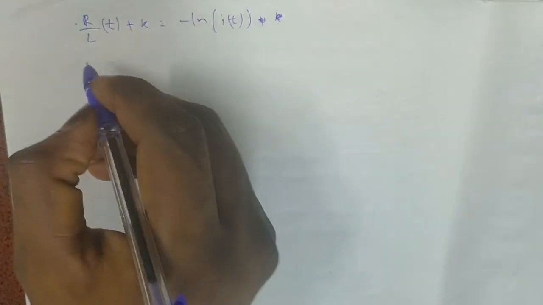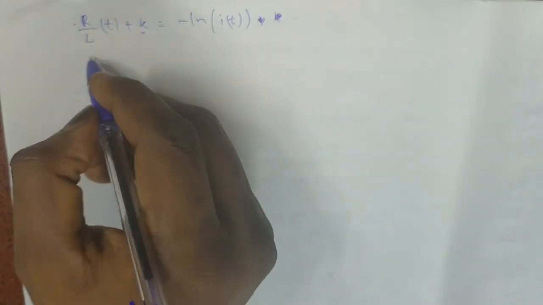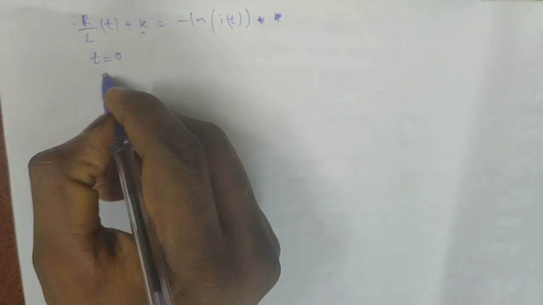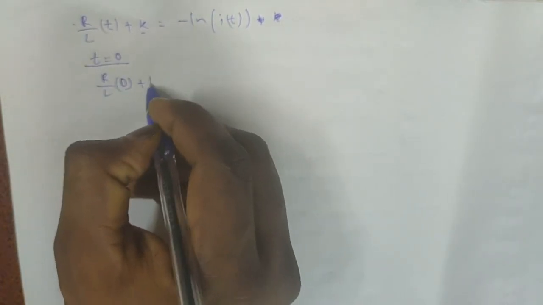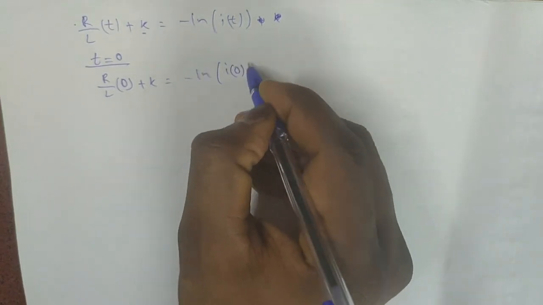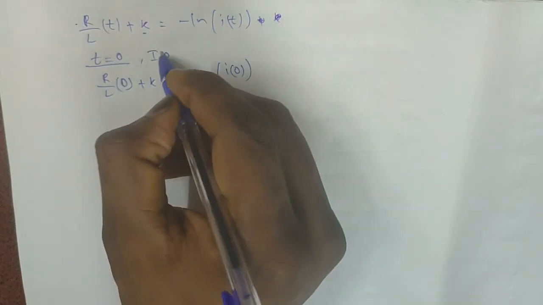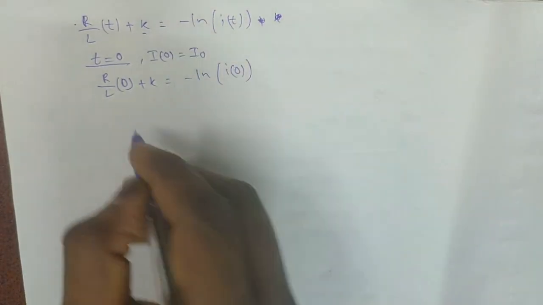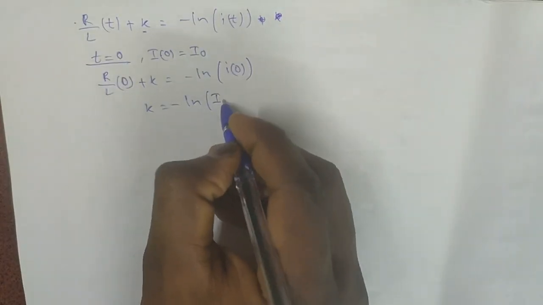At t equal to 0, R by L of 0 plus k is equal to minus ln of i of 0. We know i of 0 will be I naught, as there is an initial current I naught. So k is equal to minus ln of I naught.